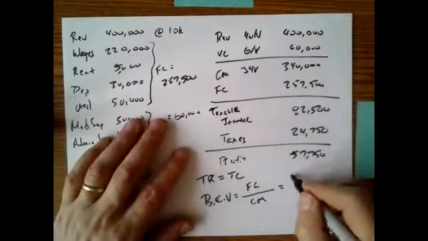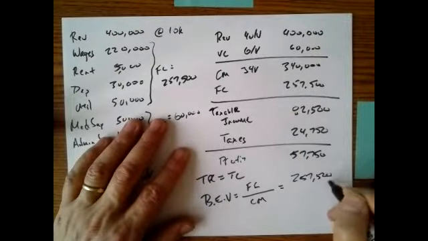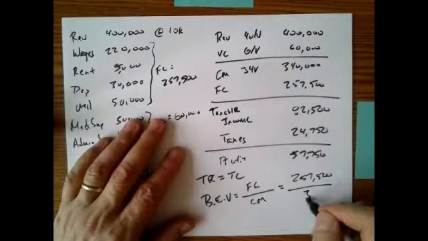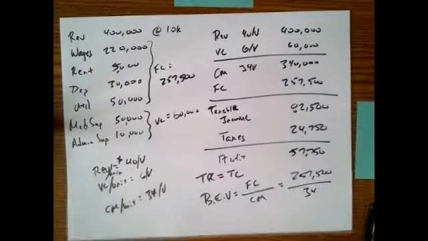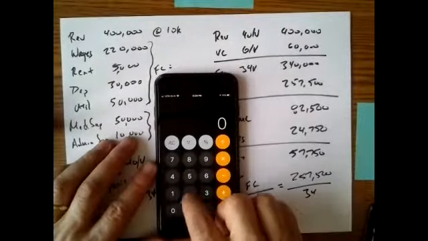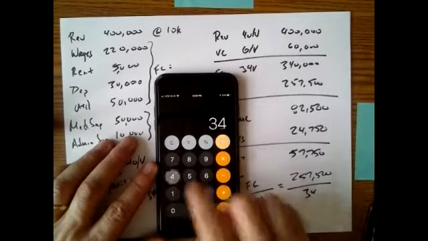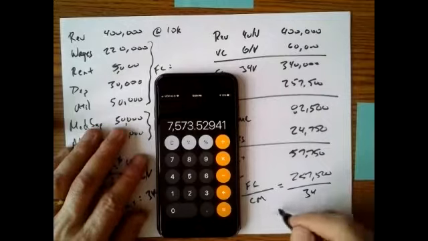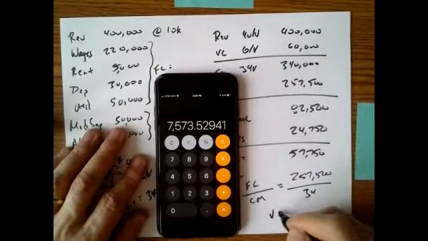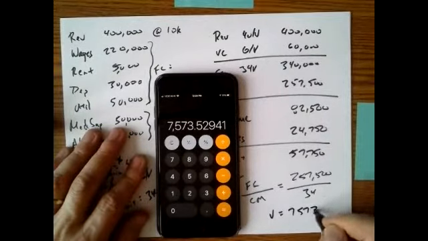So 257,500 divided by the contribution margin of 34 gives us a break-even volume of 7,573.